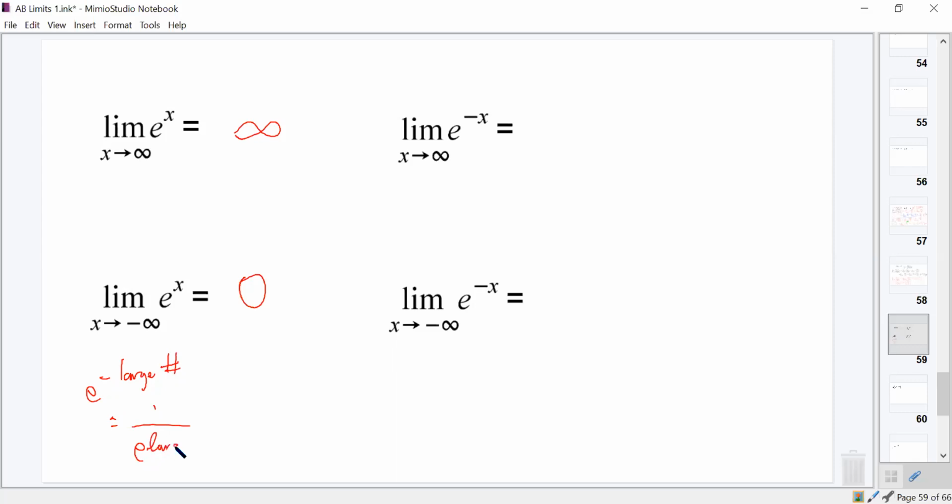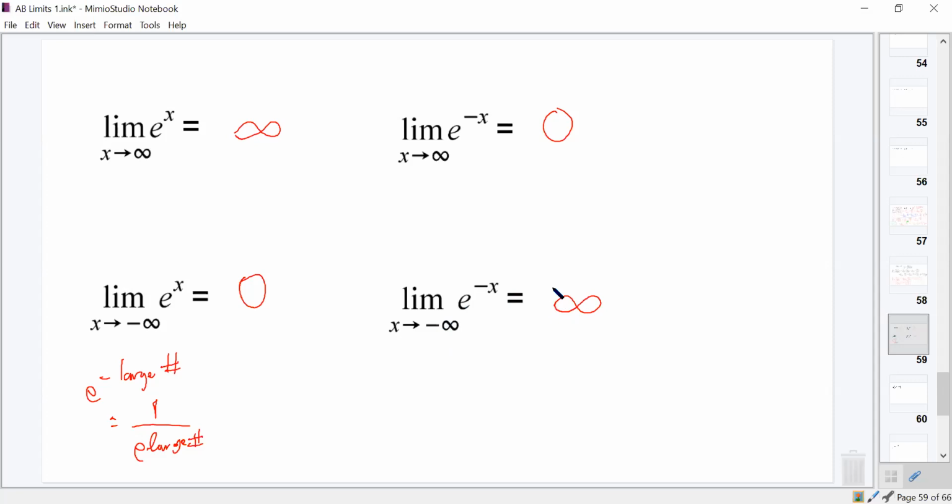So it becomes 1 over e to a very large number. And 1 divided by a large number is very small. So what about the limit as x goes to infinity of e to the negative x? It ought to be 0. That's our horizontal asymptote to the right of the one we looked at on the graph. And then the last one, x to negative infinity of e to the negative x. That one should be infinity.